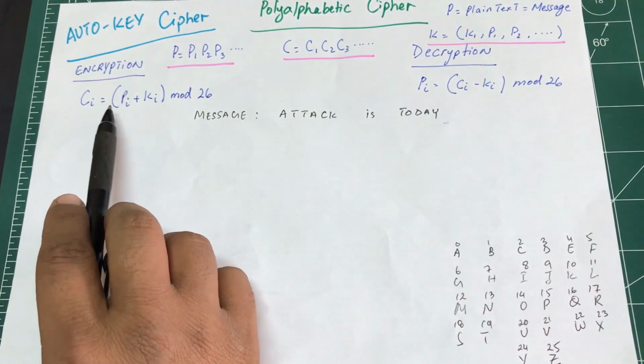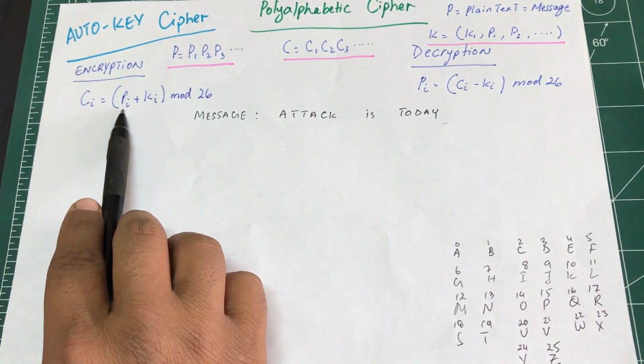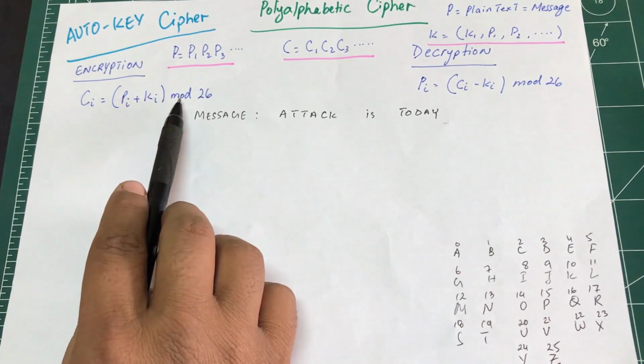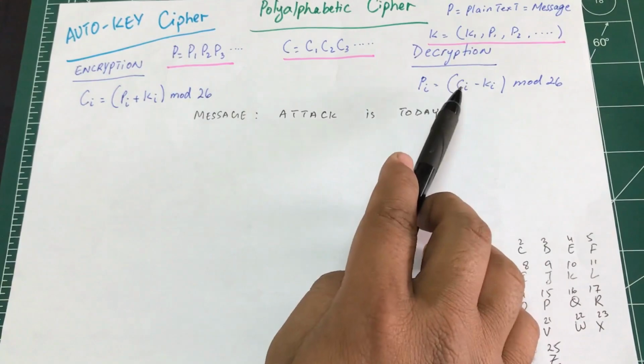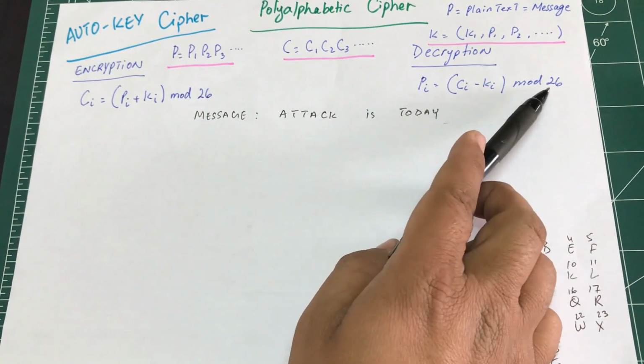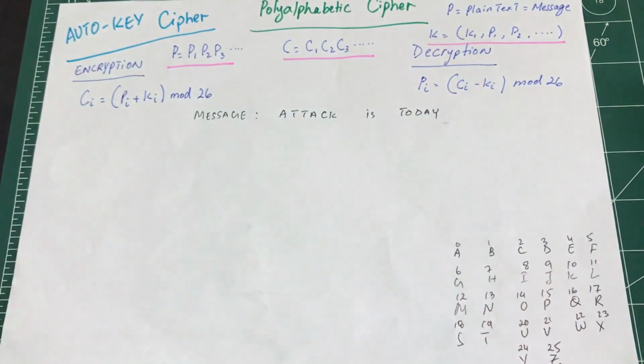And here's the definition. It's still additive in nature: our ciphertext is going to be your plain text message character plus the key itself, mod 26. Decryption is going to be your ciphertext minus the key, mod 26. But here's the twist. Sender and receiver share a key.